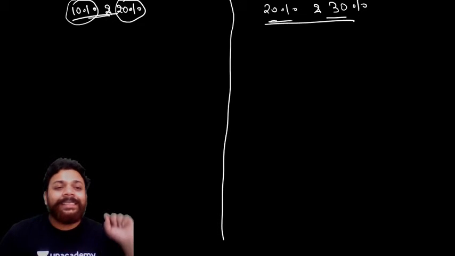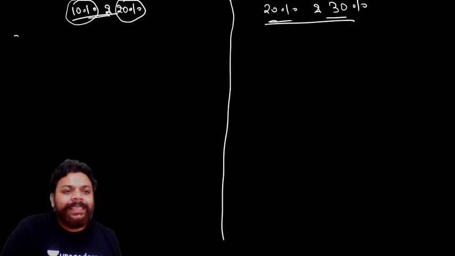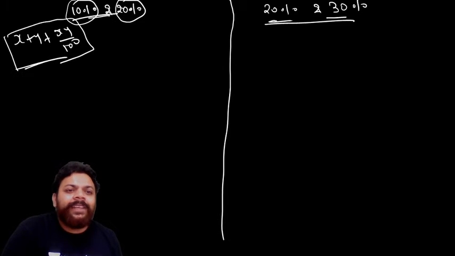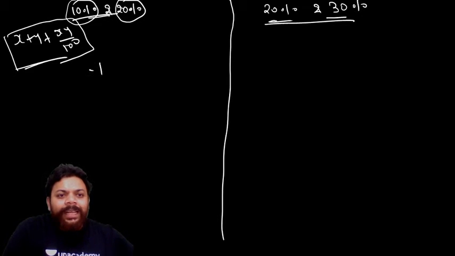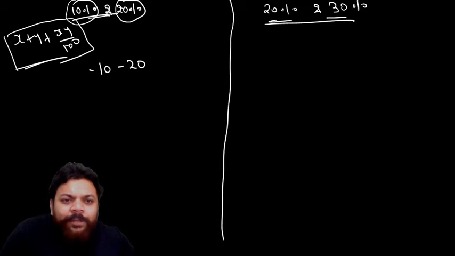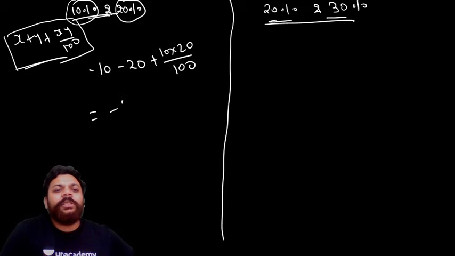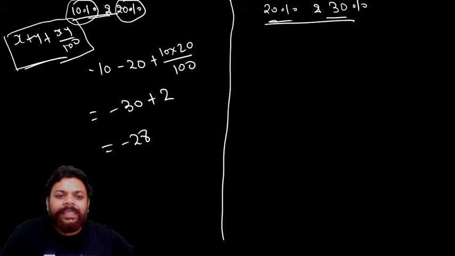That means you have to consider all the discounts as negative. And we'll use that same thing, x plus y plus xy by 100. And since these two are negative and that is direct discount, I'll consider minus 10, minus 20, and since minus into minus will become plus, so 10 multiplied with 20 divided by 100, and this is going to be minus 30 plus 2, that is minus 28.